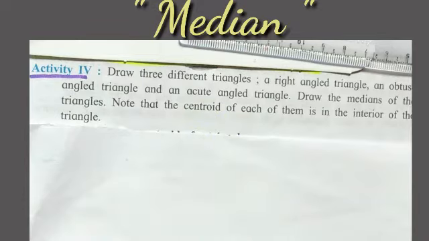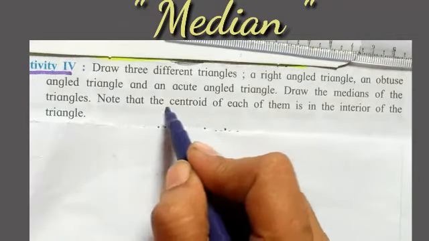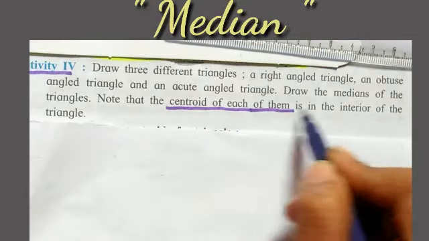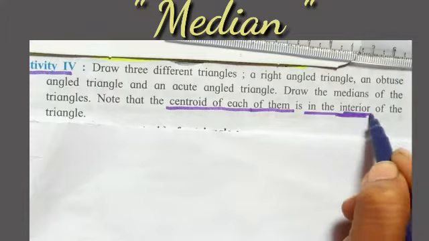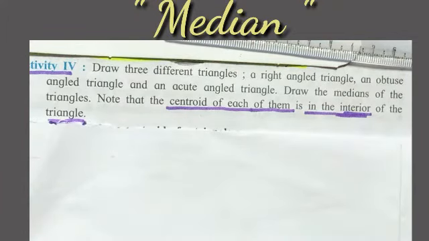If you do this activity properly, you can get one conclusion, that the centroid of each of them is in the interior of the triangle. Got it, students? Complete this activity in your classwork notebook.